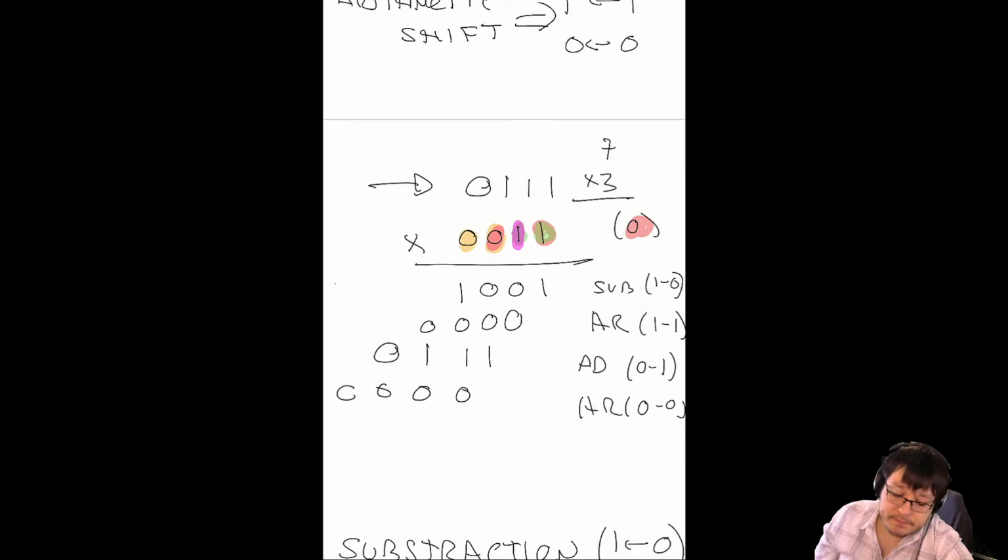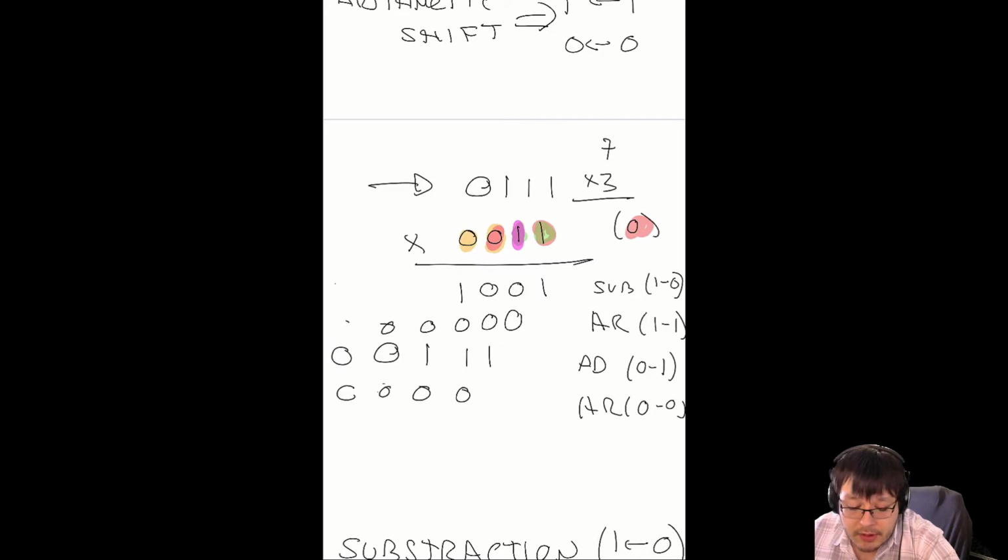So now that we've done that, we can go ahead and fill in the other digits here. If there's a 0 here, just extend it with zeros. And if there's a 1, just extend it with ones. That's a basic simple rule, okay? Once you do that, you are now ready to perform your addition.